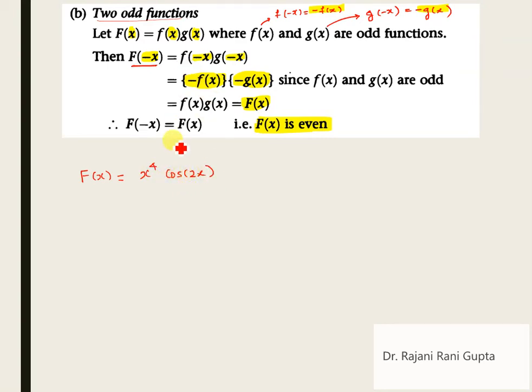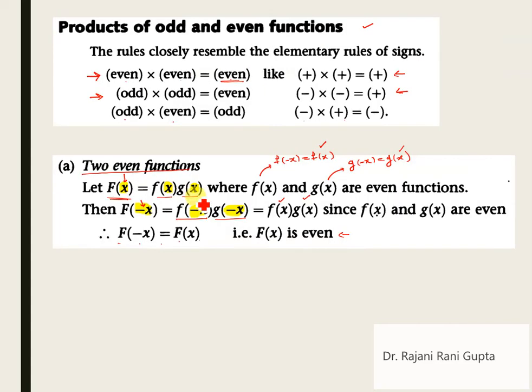This is the example for the previous case, the product of two even functions. So let's assume this is your function f of x, this is your function g of x. So f of x is equal to x power 4, g of x is equal to cosine of 2x.